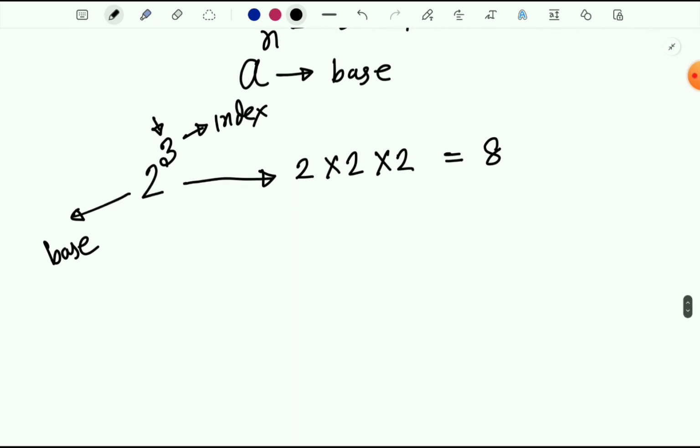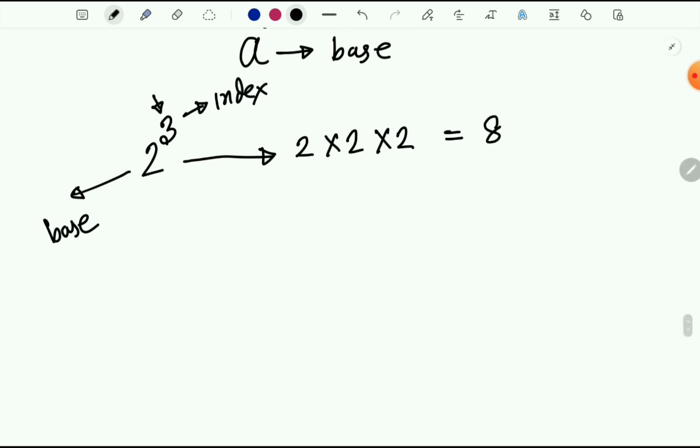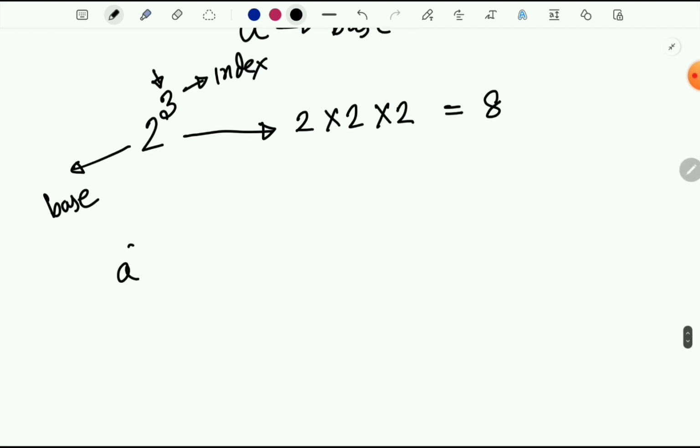So if we write a general term a power n, what does it mean? It means we have to multiply a multiple times. We don't know n, but we can assume n is a number which could be 2, 3, 4, 5, infinity. So we can write a multiplied until n numbers, like n times.